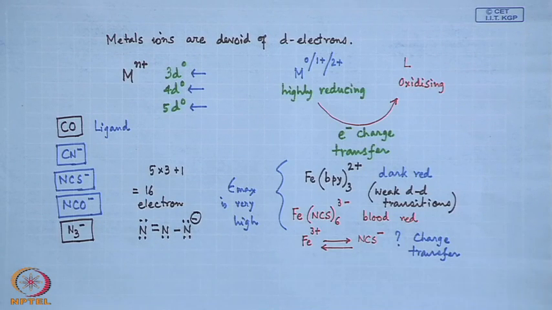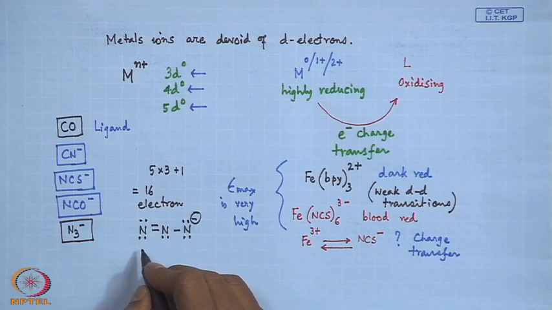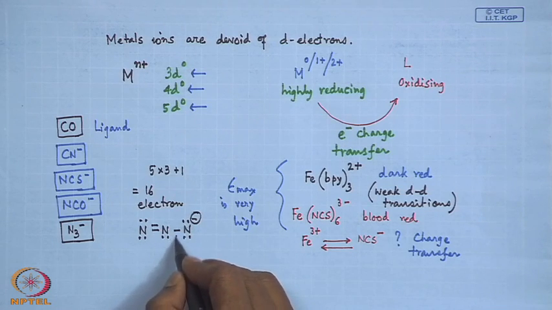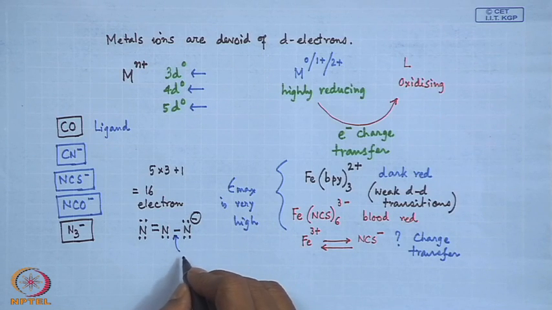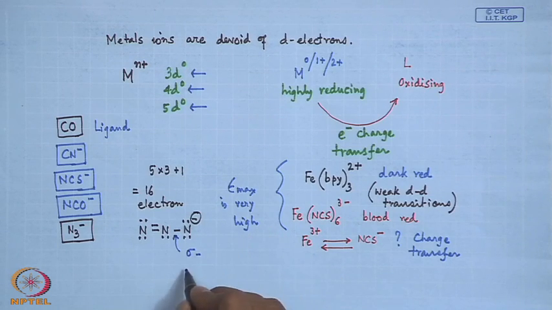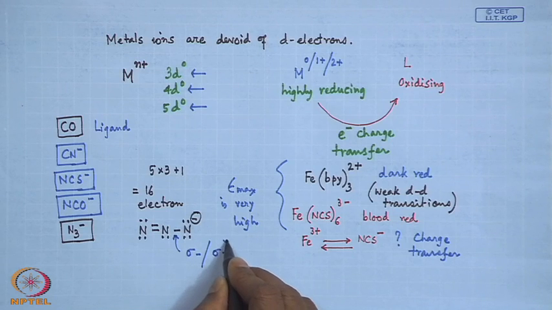So, what we see here from the Lewis dot structure of this multi-atomic species is that the nitrogens are bonded through, say, a sigma bond, and when the bonding molecular orbital is present as sigma, we can also have the anti-bonding level.